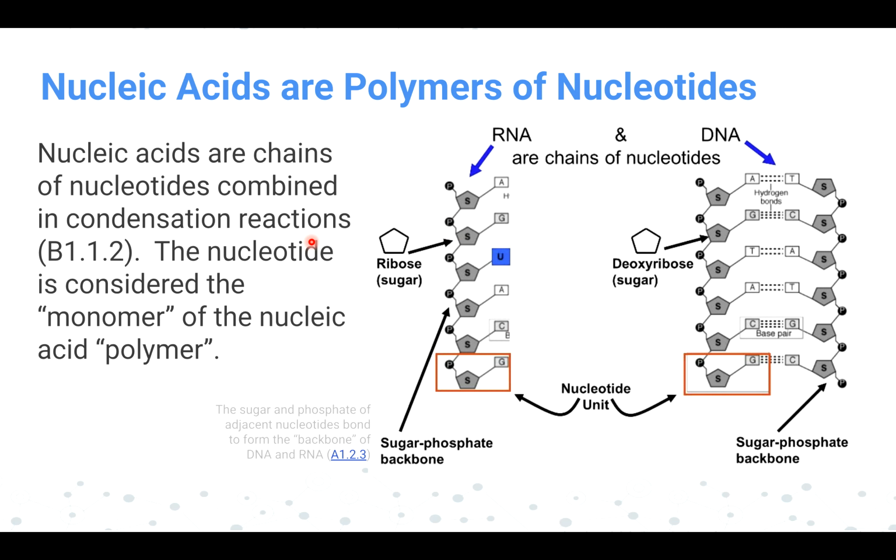When we say condensation reaction, a water molecule is going to be released, and energy will be used up to make a bond, right? So the nucleotide is considered to be the monomer unit, and the nucleic acid becomes the polymer. In the case of DNA, this is one nucleotide, this is another nucleotide chain, a long chain, and both the chains are joined. That's why we call them double-stranded DNA.